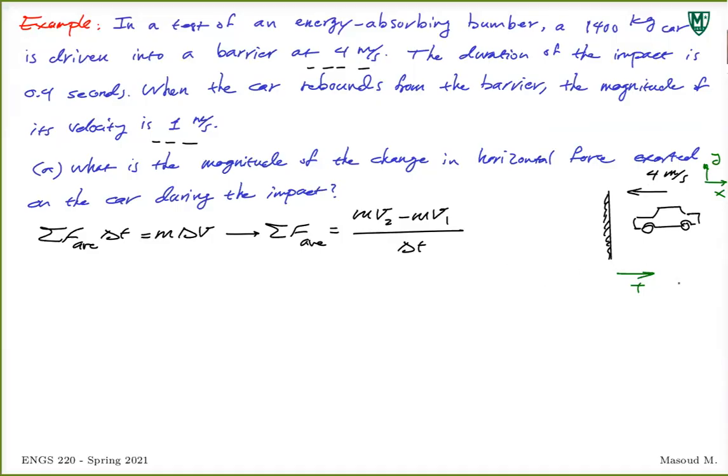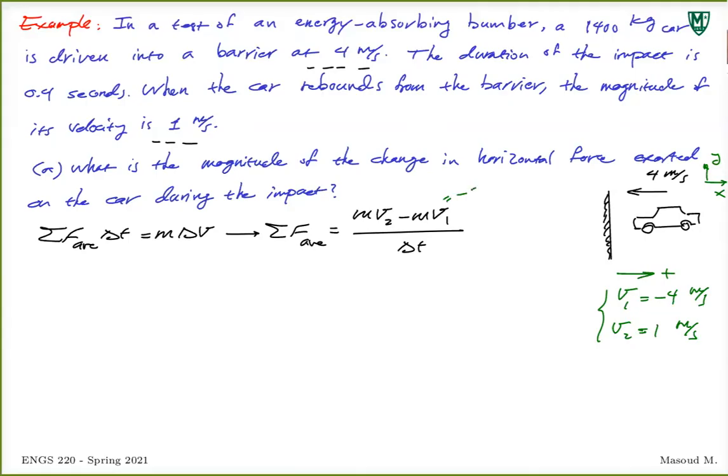So your V1 would be minus 4 meters per second, and your V2 would be 1 meter per second. That's one thing I wanted to emphasize in this problem. In momentum methods, direction matters, as opposed to what we had in energy methods.